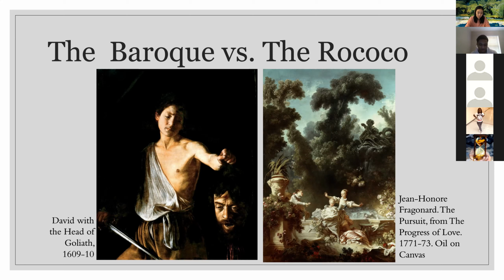Very good, everyone. Most of the Baroque art described biblical episodes, so it's very heavy, dark, and serious. On the other hand, the Rococo painting depicts daily life and nature and novels, and it shows light, bright, and very lovely happenings.